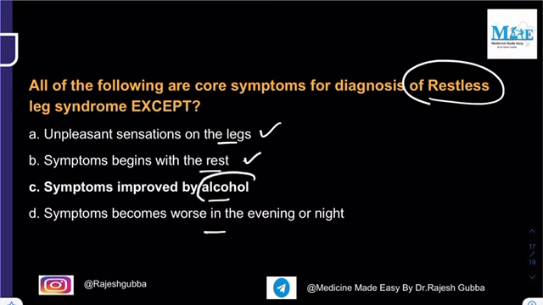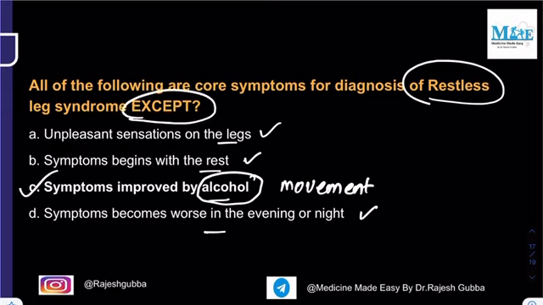When do the symptoms improve? It is not with alcohol; symptoms improve with movement. Symptoms becoming worse in the evening or night is also a true statement. So the incorrect statement is that symptoms are improved by alcohol; they are improved by movement.